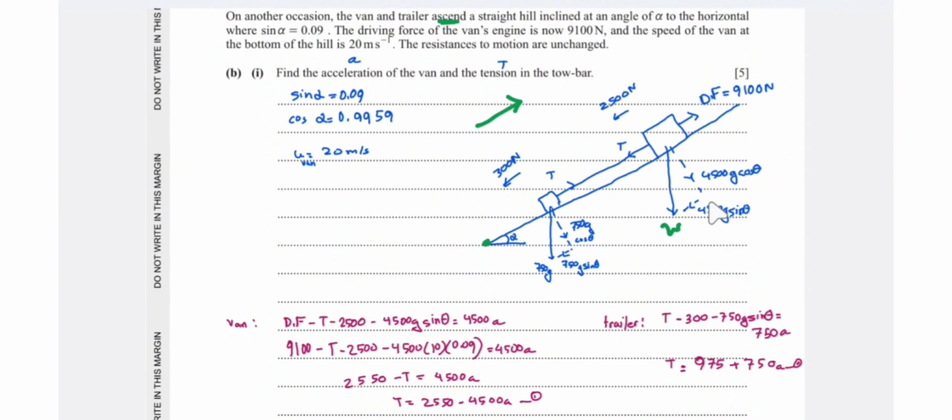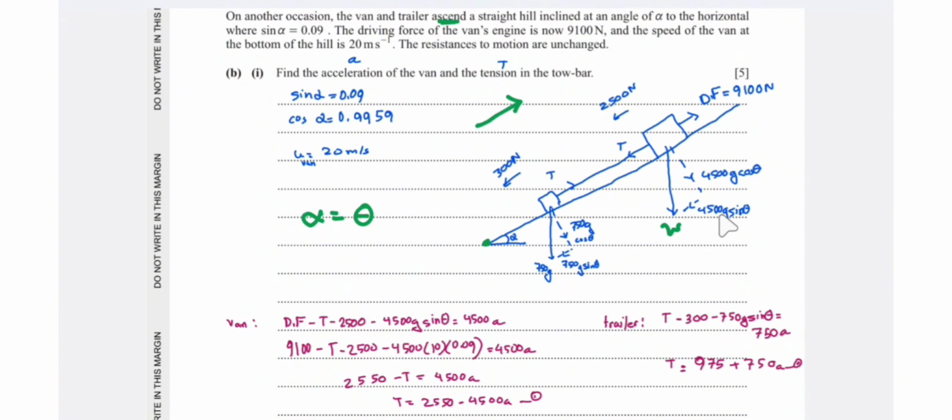If you break the weight into its components, since the angle is alpha, we get 4500 g cos alpha and 4500 g sin alpha. Here I have written all the alpha in terms of theta, so consider alpha as theta.